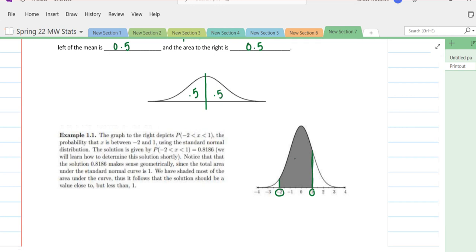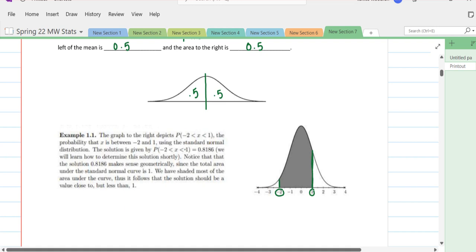If I read this, it depicts the probability that a value x is between -2 and +1.